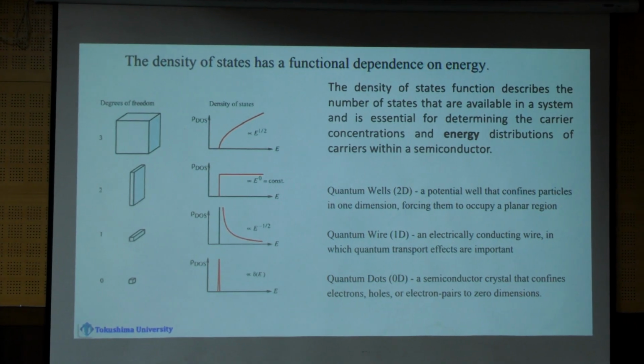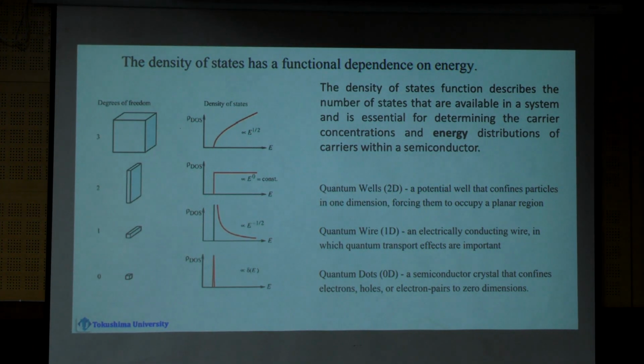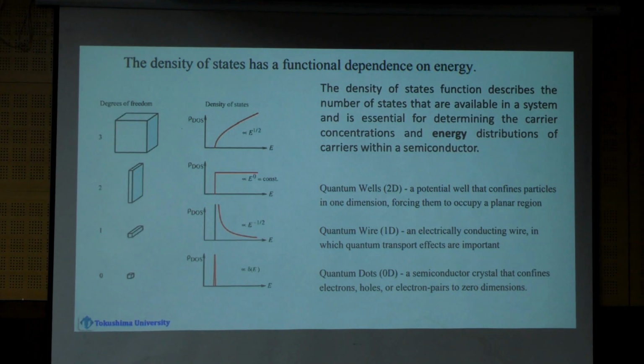If you are not a physicist, just remember how many charge carriers are available for reaction. That way you can correlate this. Certain carriers are available in all material, and the energy distribution of those carriers within a semiconductor is nothing but the density of state. As per these kinds of material, 2D, 3D, it changes.